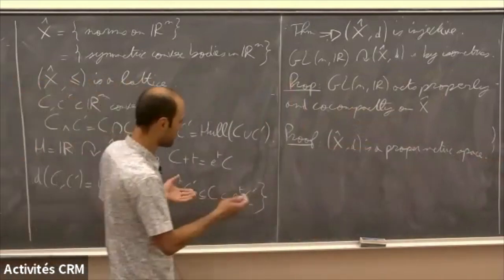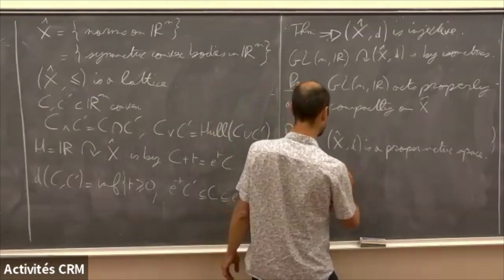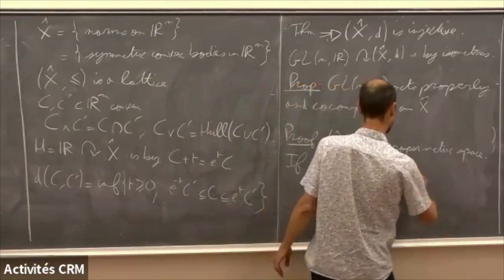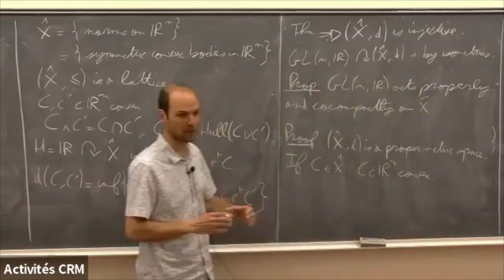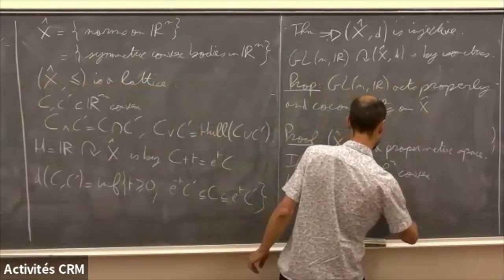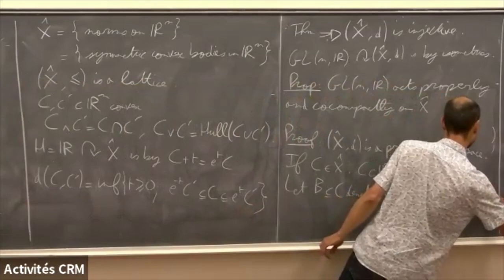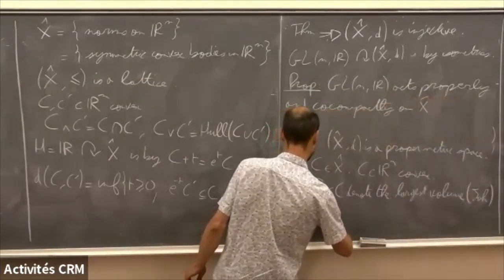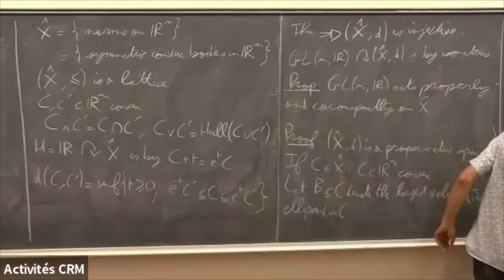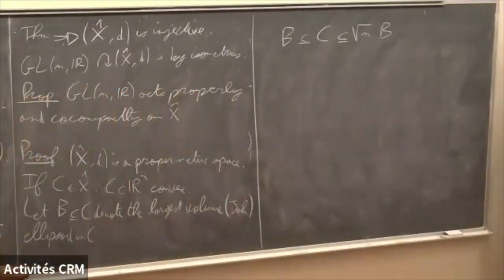Well, this is a very fun remark that if C is in X hat, so C is a convex body in Rn, we can consider the largest volume ellipsoid contained inside C. It's called the John ellipsoid in C. And one fun property of this largest volume ellipsoid is that not only do we have B contained in C, but C is also contained in square root of n B. So what does it mean?